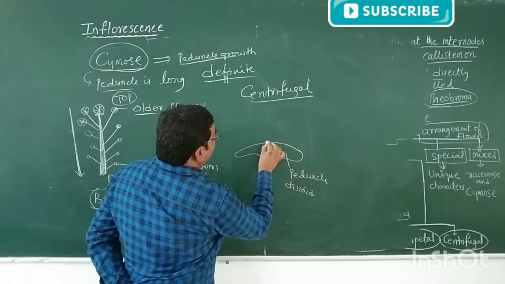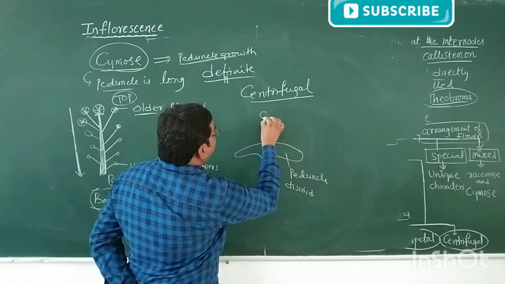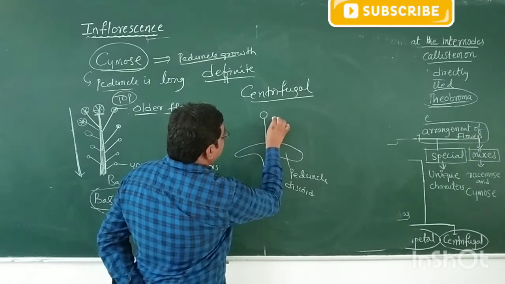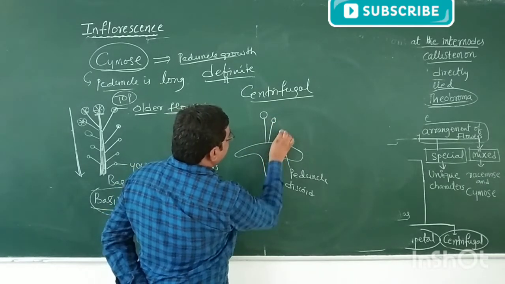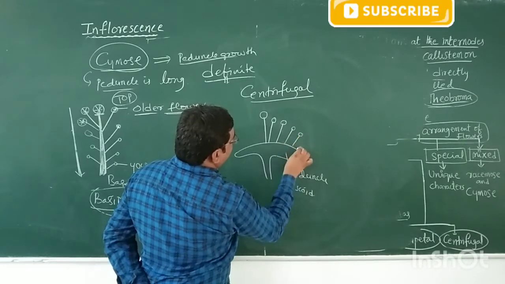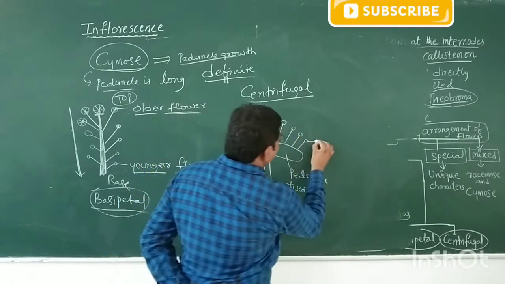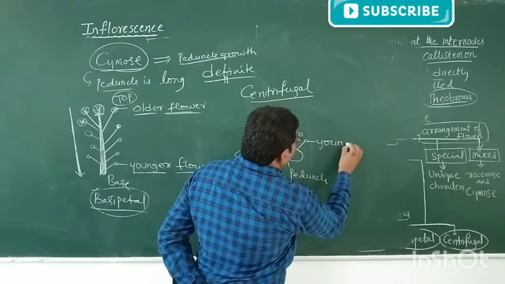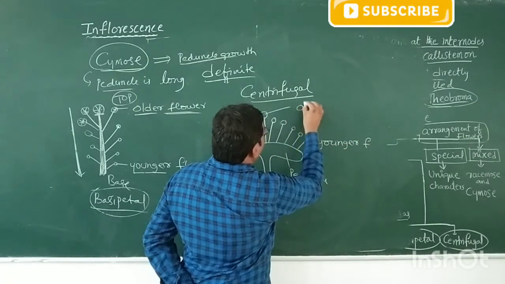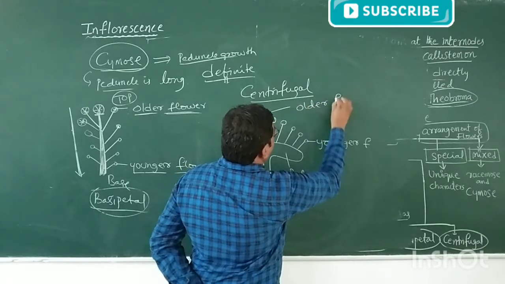Again here, the older flowers are at the center of the peduncle. So these are older flowers. Like this arrangement. These are younger flowers. So these are older flowers.